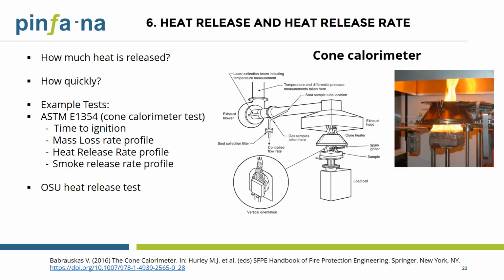The heat release measurement is based on the oxygen consumption during the burning process, which is based on the observation that the thermal energy produced by a fire of a combustible material is generally proportional to the amount of oxygen it consumes. The smoke release measurement is based on the light transmission measurement of the smoke collected in the exhaust duct during the test. A laser light source and a photodiode are used in the setup.